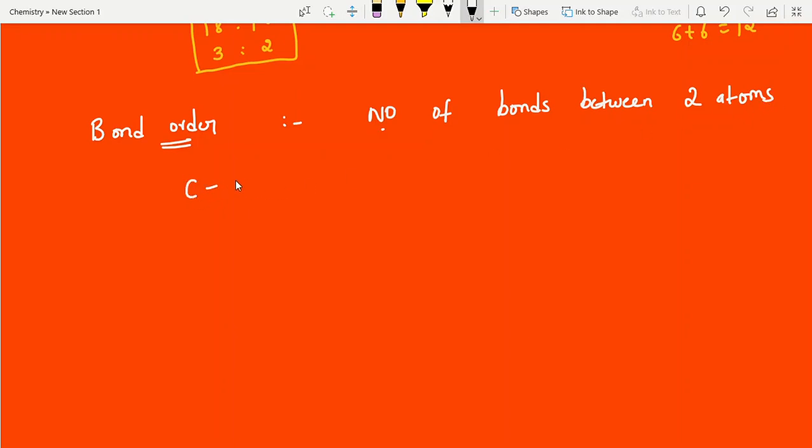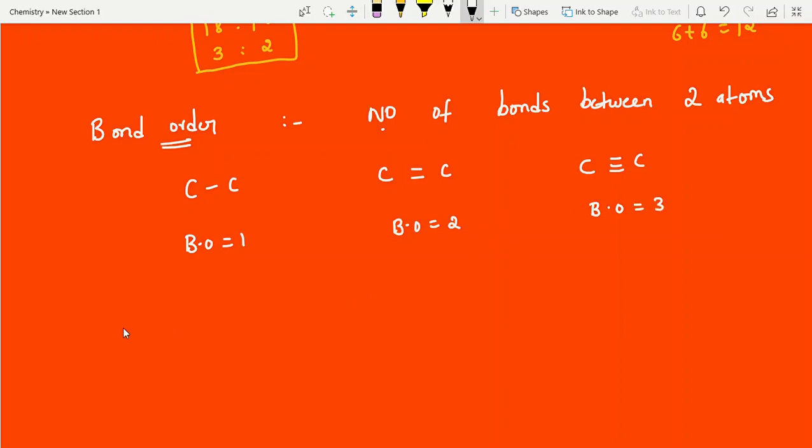C single bond C in an alkane, C double bond C, C triple bond C. Can you tell how many bonds here? 1, bond order is 1. Here 2 bonds, bond order equal to 2. Here 3 bonds, bond order equal to 3.